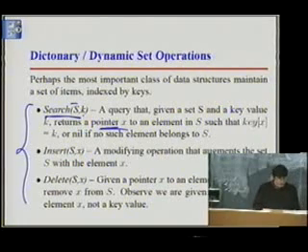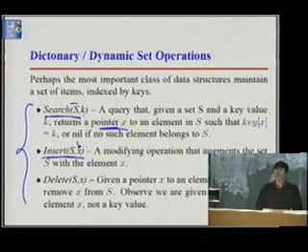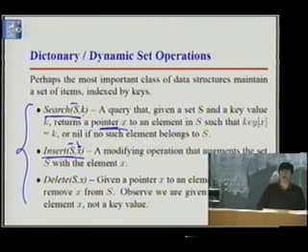Now, insert says that you are given an item x, a pointer to an item that contains a key and possibly some other data, and a data structure. And it says insert that element into the data structure.